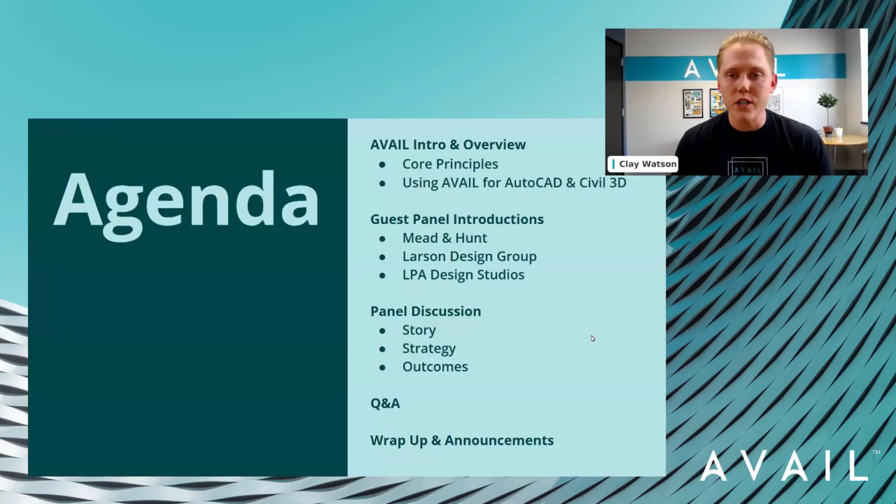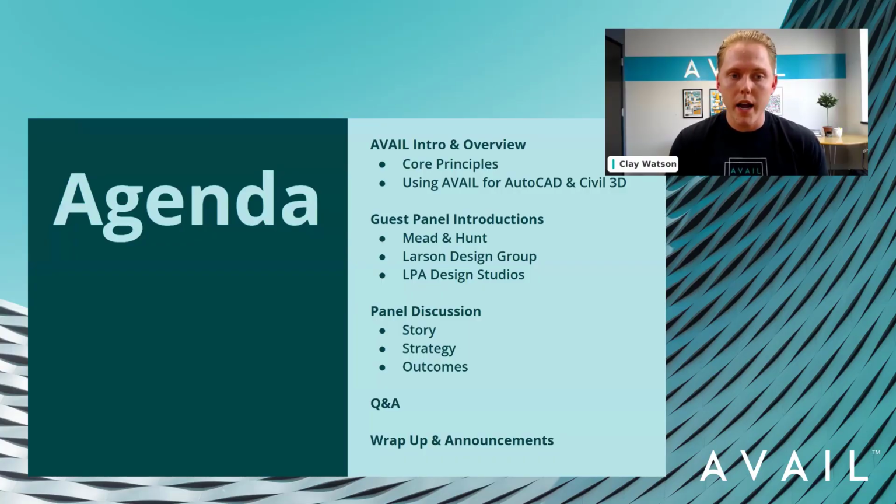So looking at our agenda for this webinar, I'm going to start off by giving you an AVAIL overview. I always like to start by talking about our core principles around AVAIL, why use AVAIL, what makes us different, what makes us stand out. And then I'm going to talk a little bit about the how-to of using this new AutoCAD Civil 3D functionality.